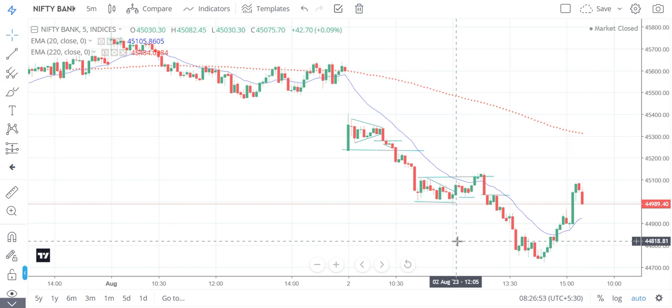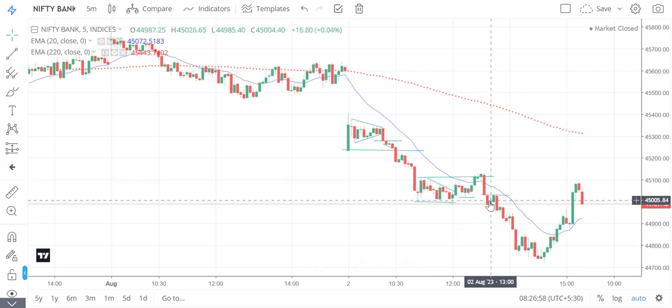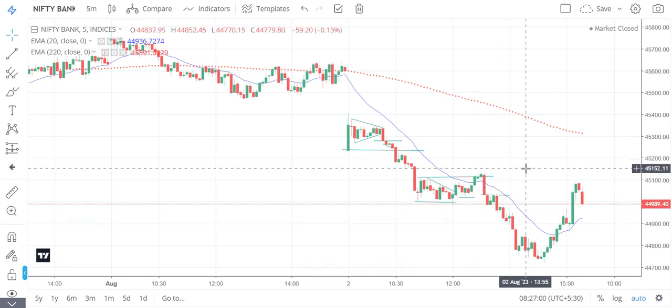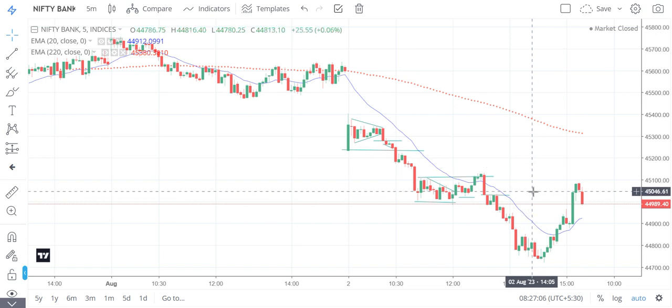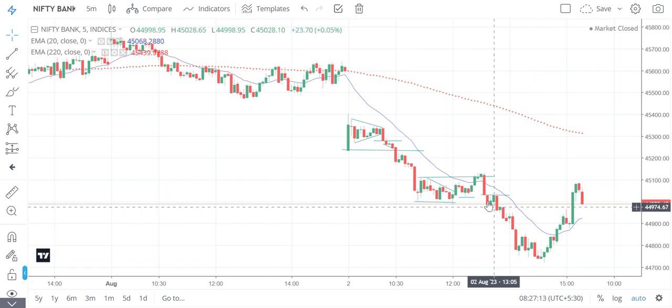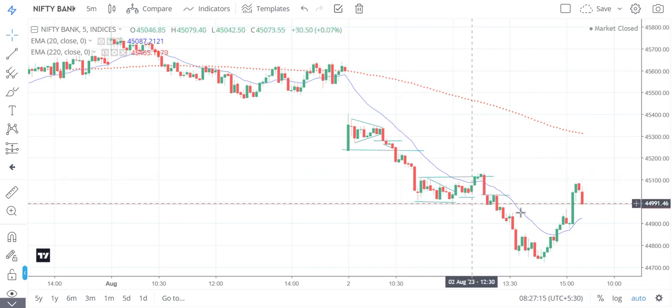So that's the reason using the correct stop is very important. If you are using a tight stop, then that tight stop we call a kung stop. So there is a 90% chance that your stop loss will get hit. So that's the reason we should use the reasonable stop.